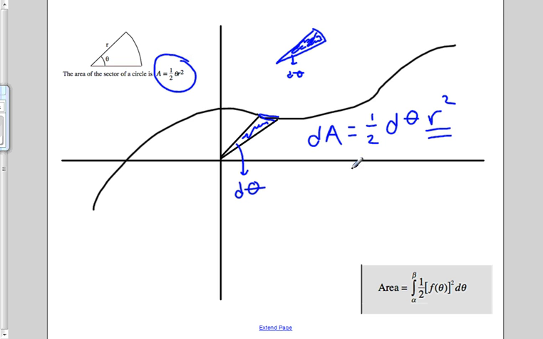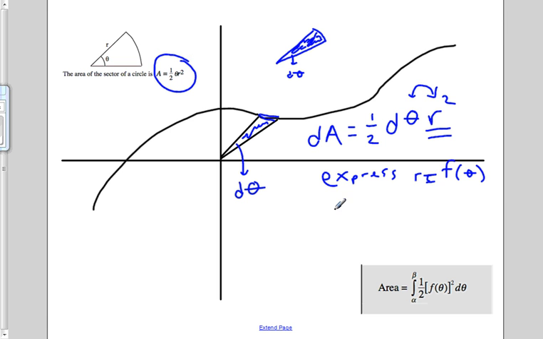But we need the same variable, r and theta, so since we're talking about polar coordinates, we can express r as a function of theta, because r depends on theta.